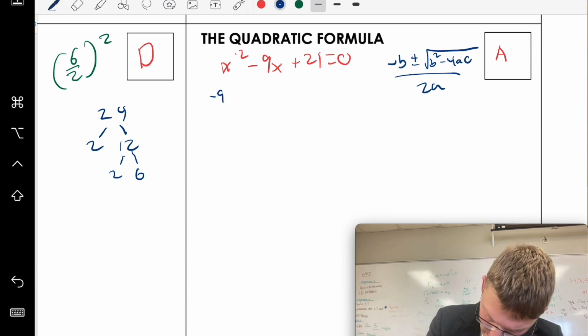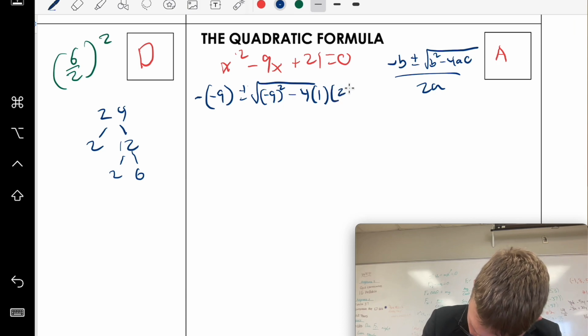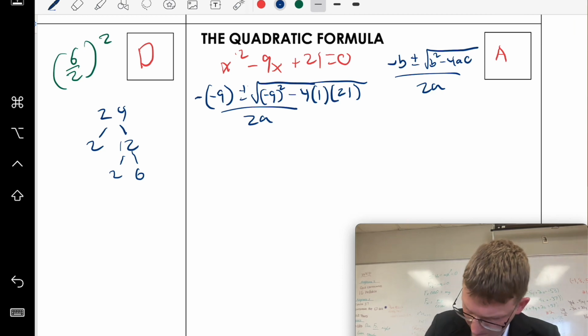Negative b, there's no negative sign, plus or minus square root of b squared minus 4 times a times c all over 2a.